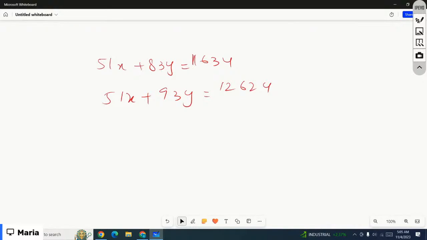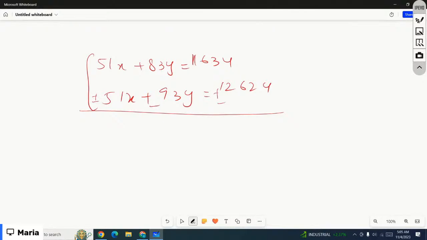Okay, so you have to solve using elimination method, right? We have done elimination method in the last session. How do we eliminate? Basically, you have to look for the variable that has the same coefficient, or you can make their coefficients the same if they are not. So x already has 51 in both, so just subtract both the equations.